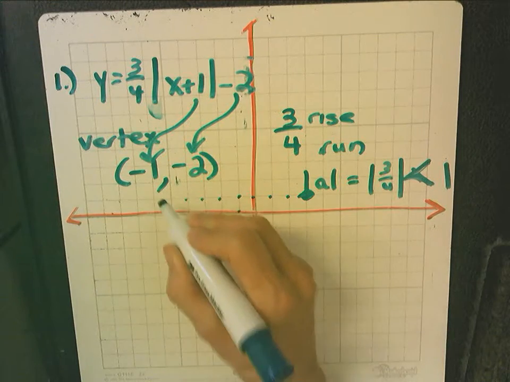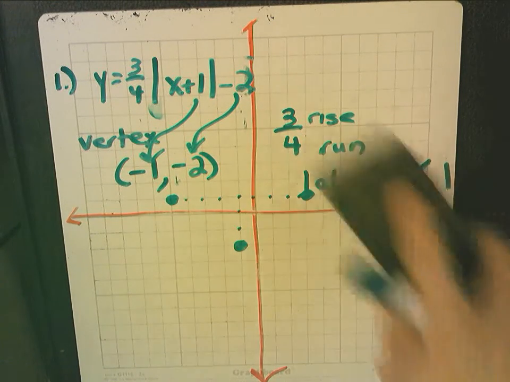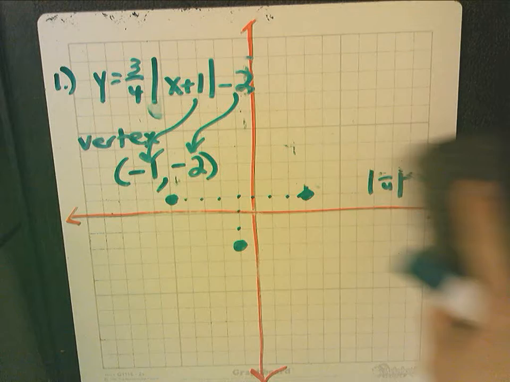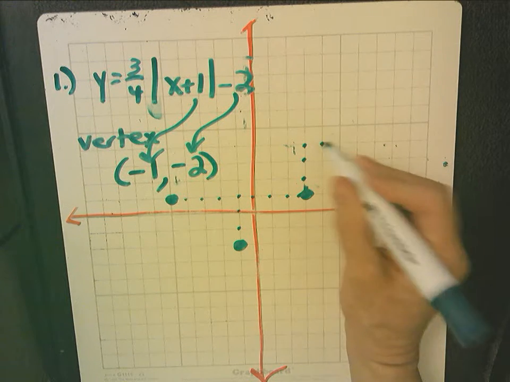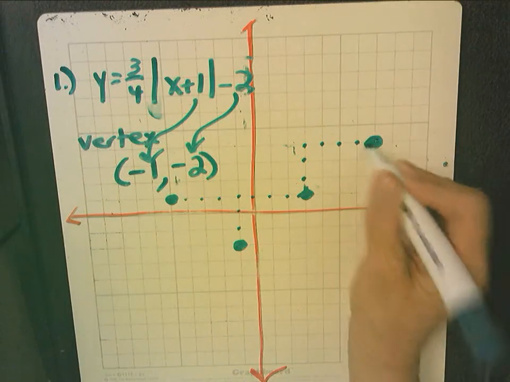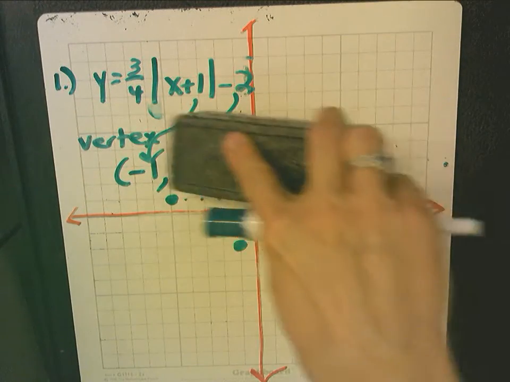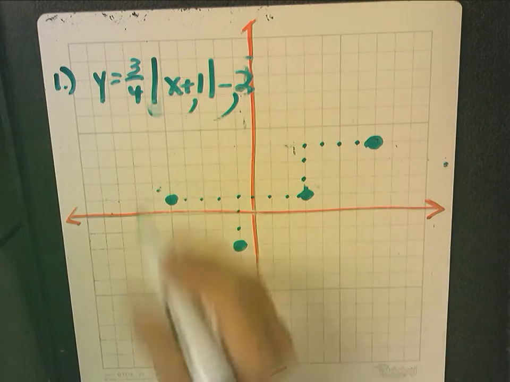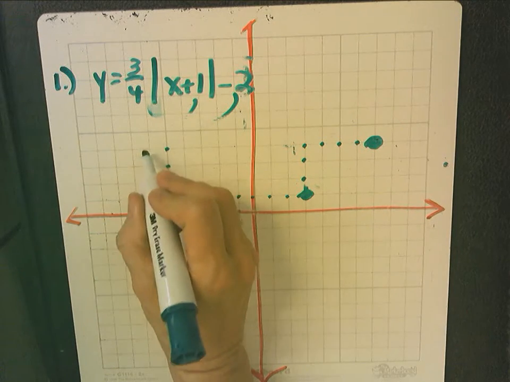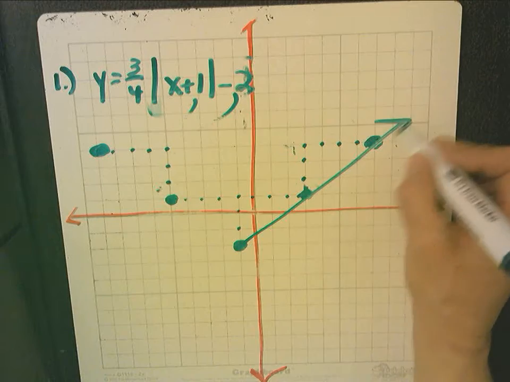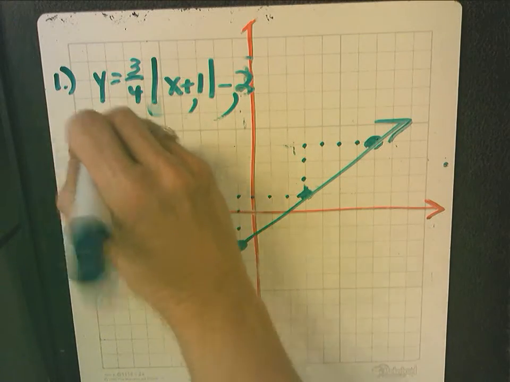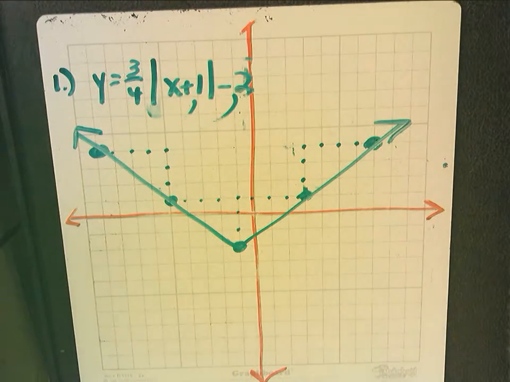I go up 1, 2, 3 again, over 1, 2, 3, 4. I go up 1, 2, 3, over 1, 2, 3, 4. And notice this is much wider, so it is a shrink.